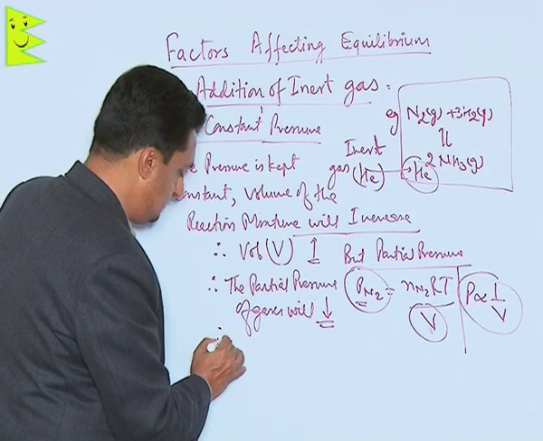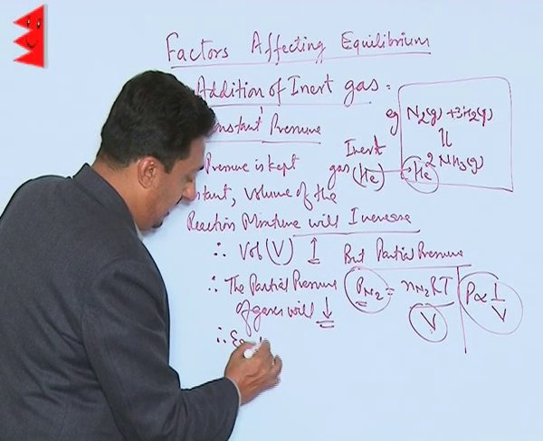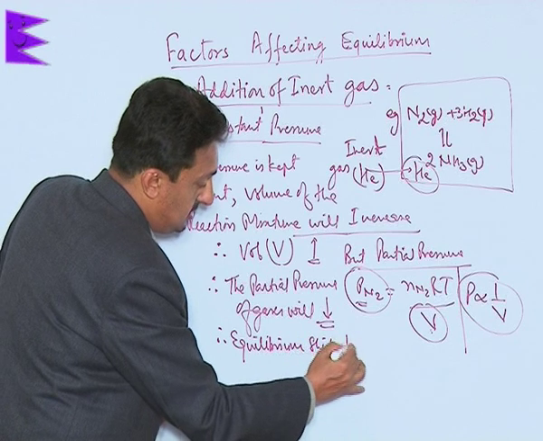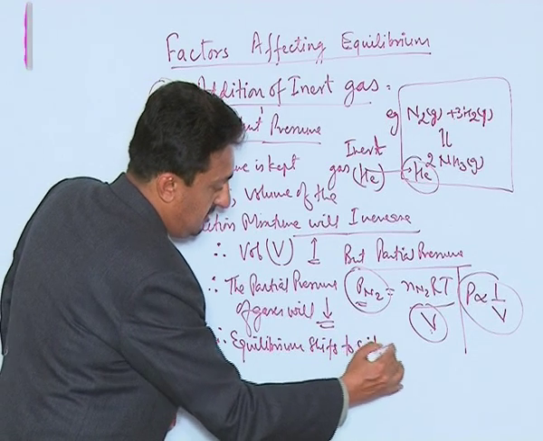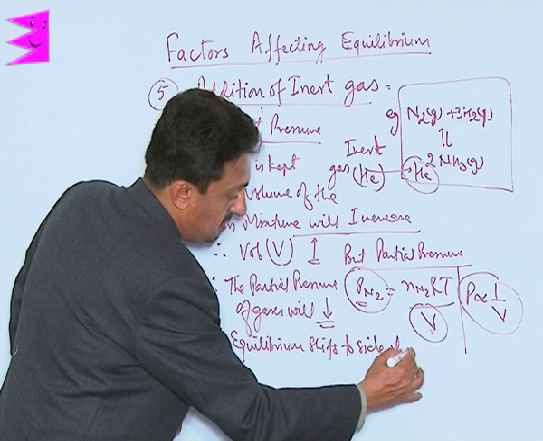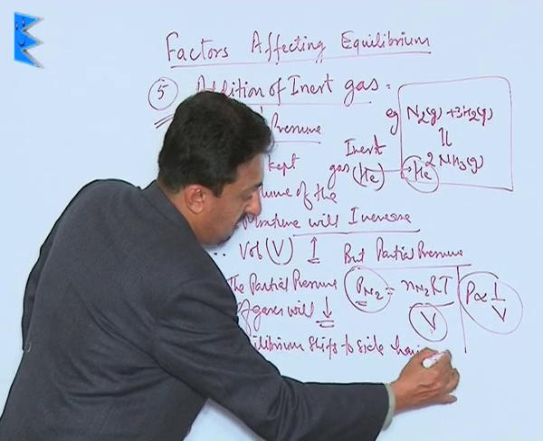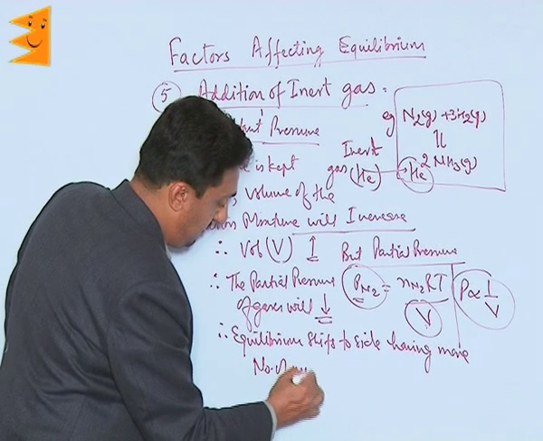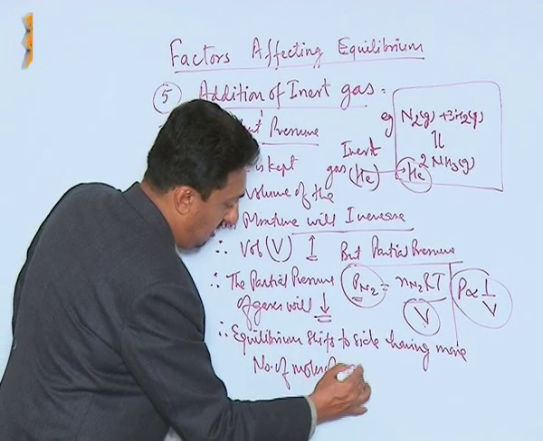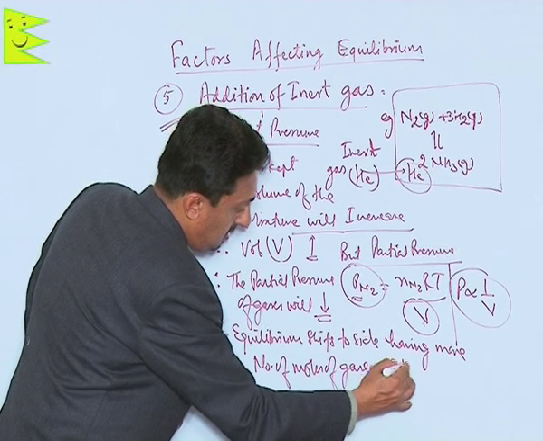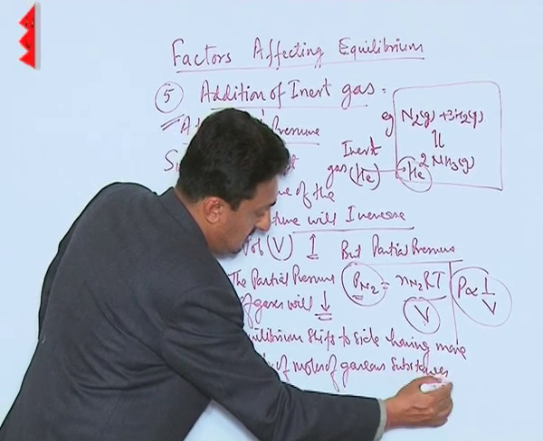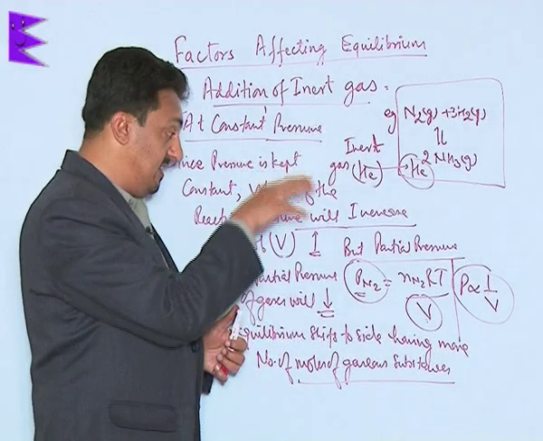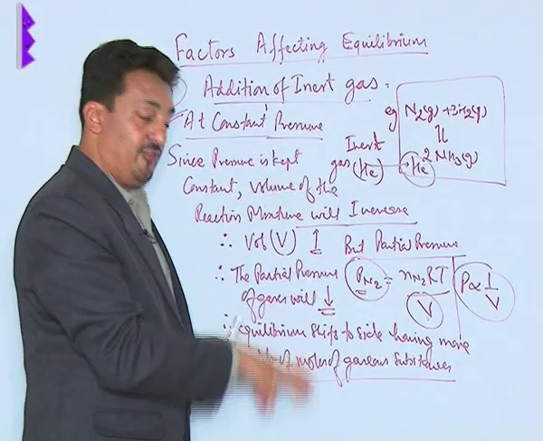Therefore, equilibrium shifts to the side having more number of moles of gaseous substances, because volume is increasing and pressure is getting decreased.